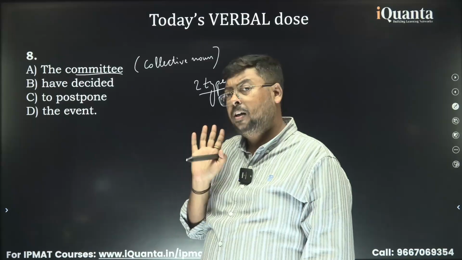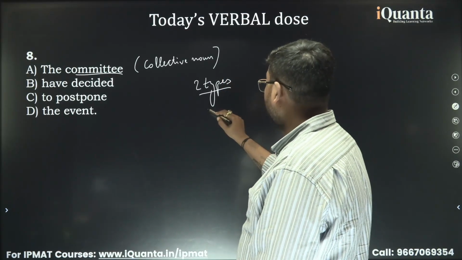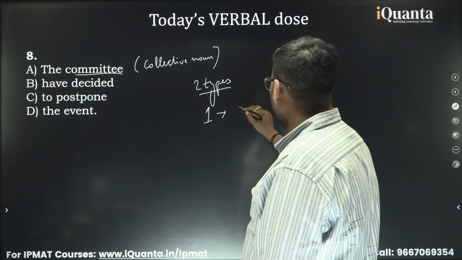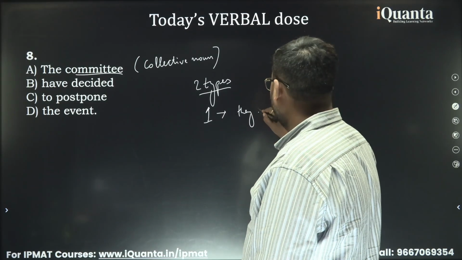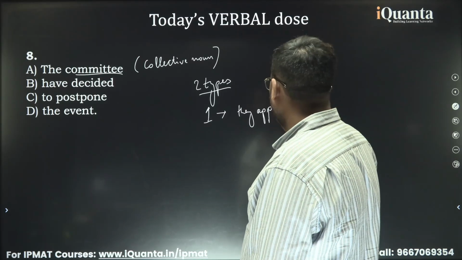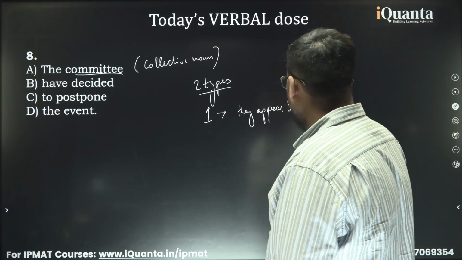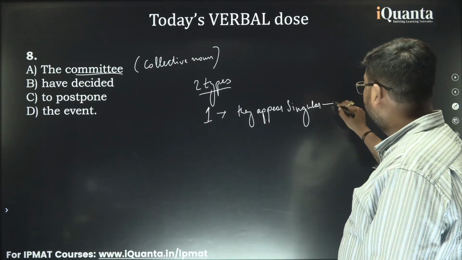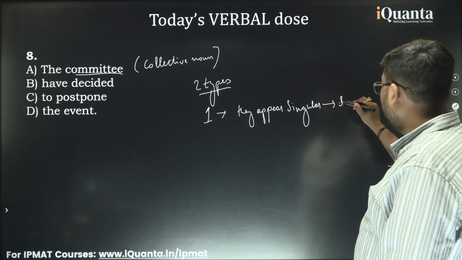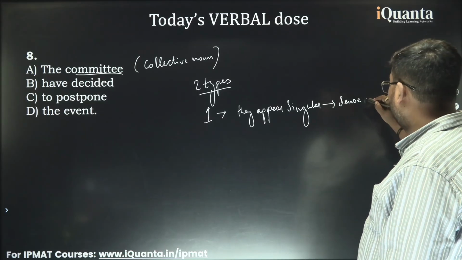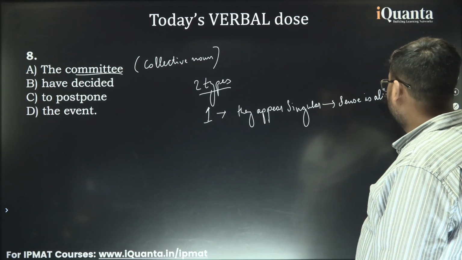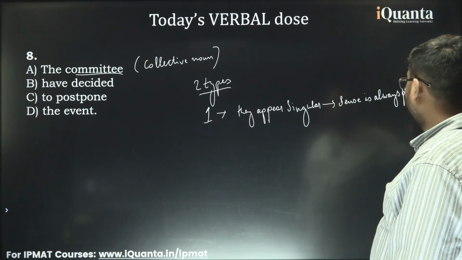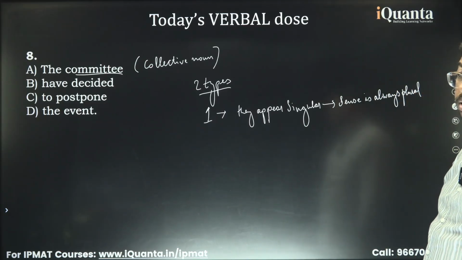The first type of collective noun is, they appear singular but the sense is always plural, right?